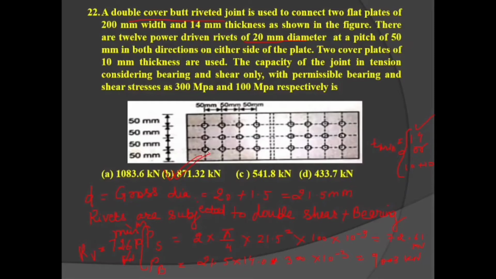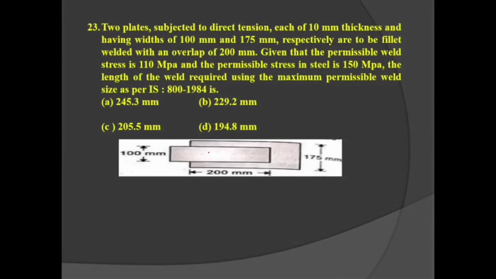Now let's move towards question number 23. Two plates subjected to direct tension, each of 10 mm thickness, having widths of 100 mm and 175 mm respectively, are to be fillet welded with an overlap of 200 mm.